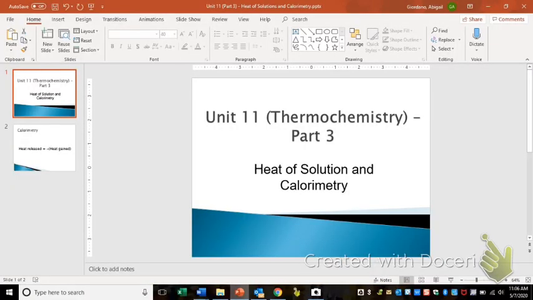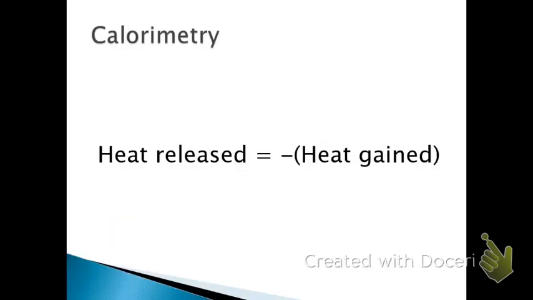All right, let me just show you guys something for a second. There is just a real simple formula here. When you bring two things in contact with each other that are at different temperatures, the hotter thing will lose heat, the cooler thing will gain it.